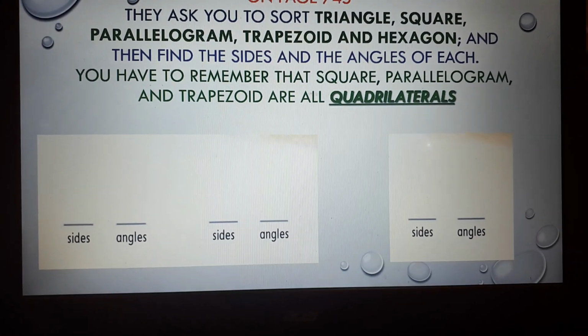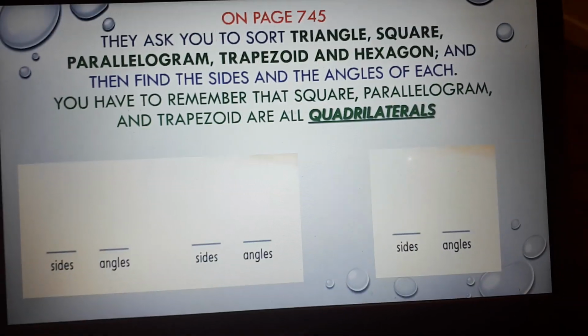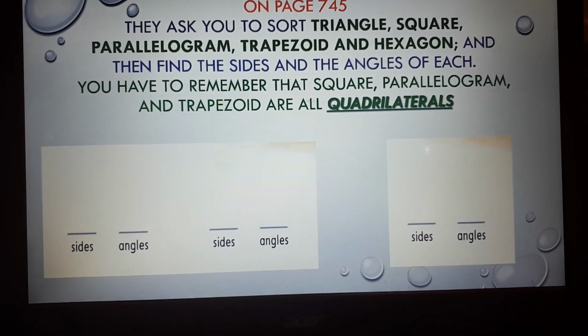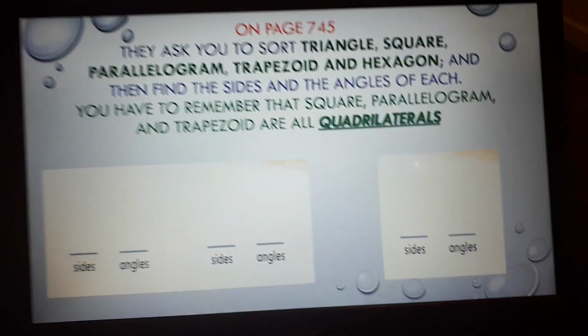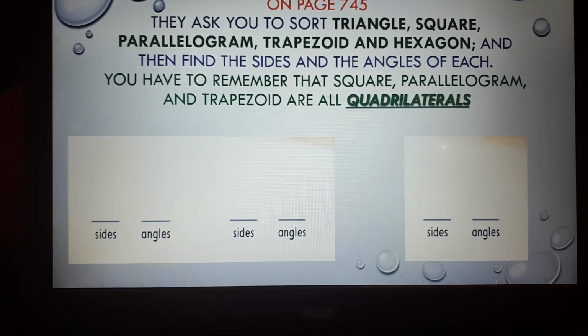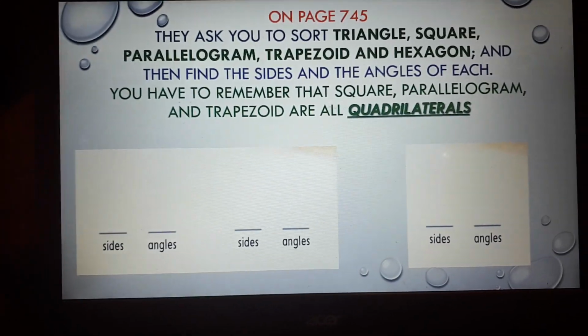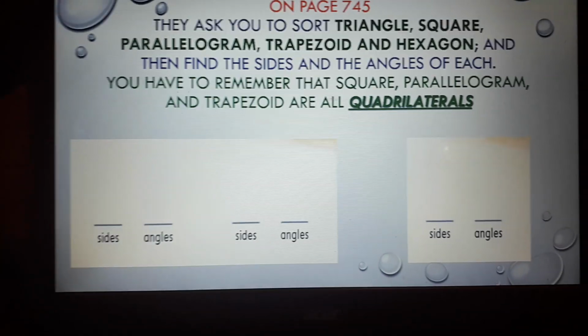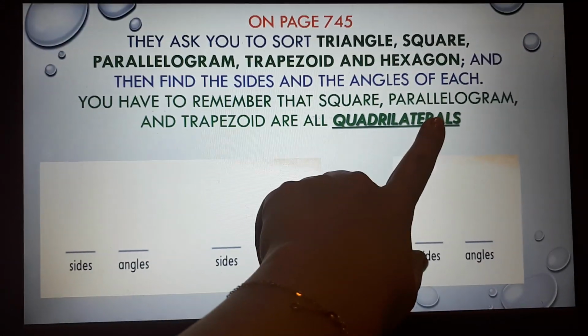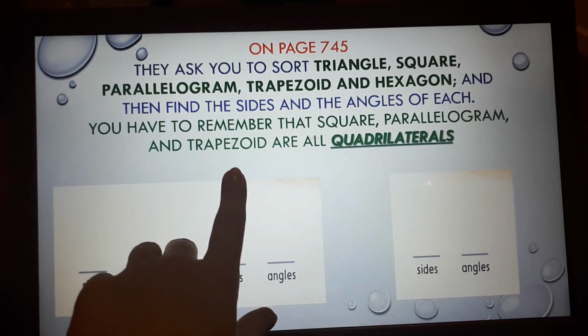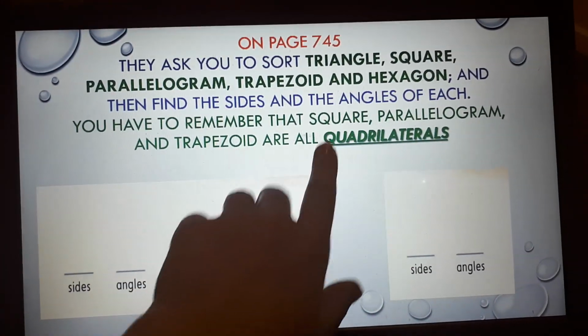Sort means put each group together. Now remember that I have here shapes that have the same number of sides and angles. What do we call them? Quadrilaterals. So here I want you to remember that square, parallelogram, and trapezoid are all quadrilaterals.